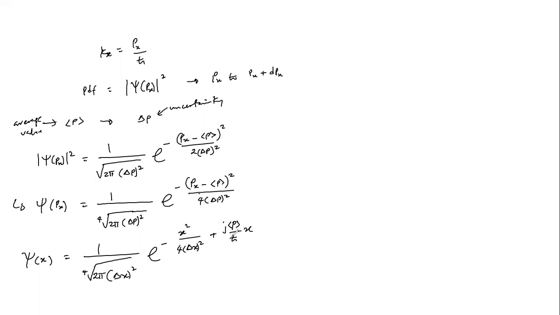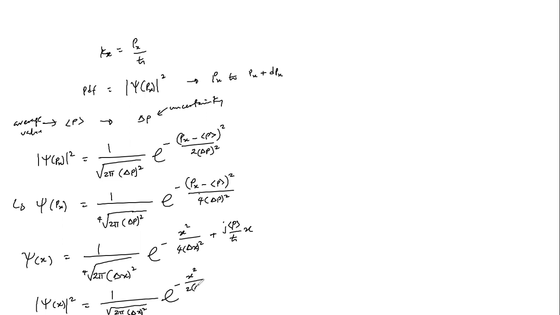The normalized probability distribution function in position space will therefore become a Gaussian in x.